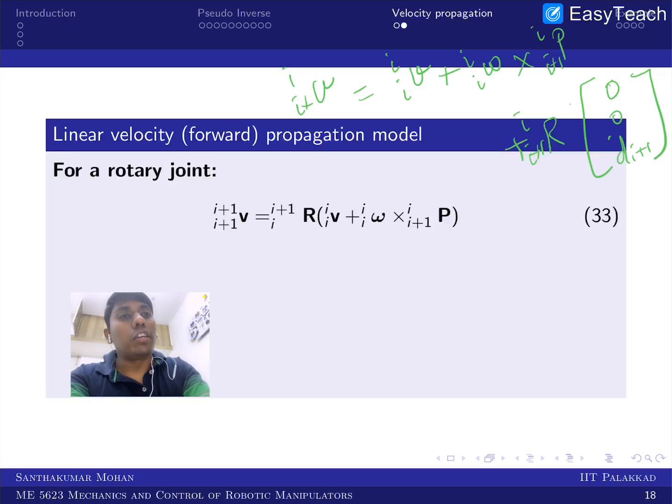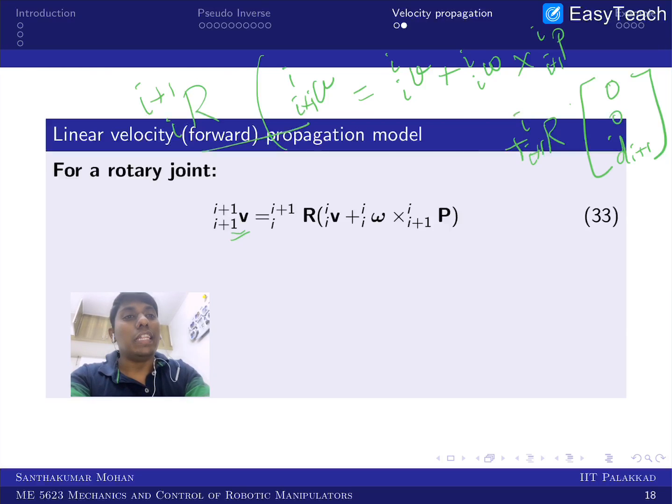This is the linear velocity of the I plus 1 frame with respect to I. But what I want is the I plus 1 velocity with respect to the I plus 1 frame. So you multiply this whole thing with R I plus 1 to I.